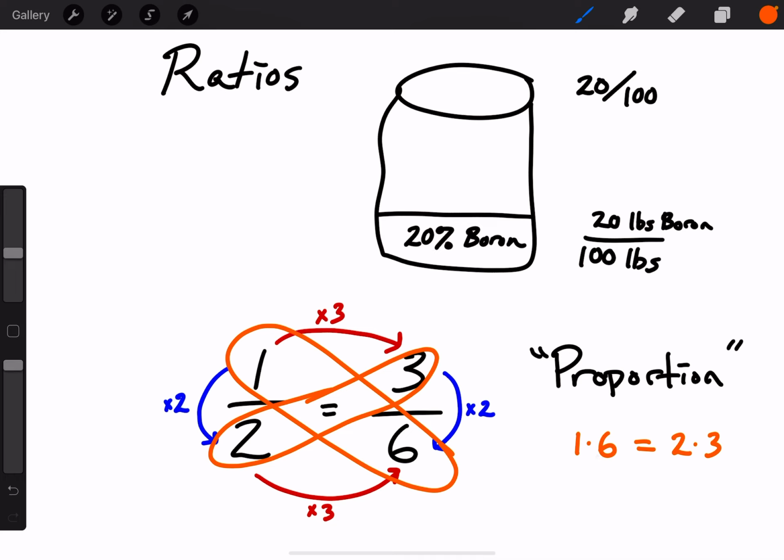In this case, 1 times 6 is 6, and 2 times 3 is also 6. And this will be true for any proportion, and so we can actually use this really to our advantage.